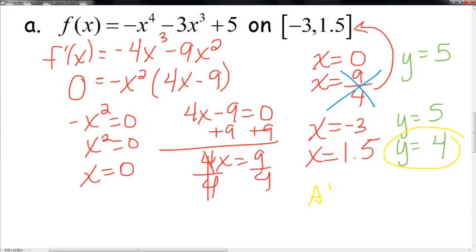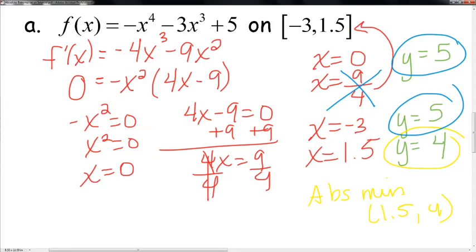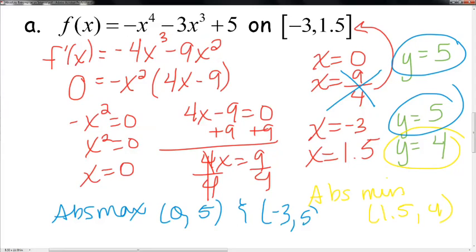My absolute min is (1.5, 4). My absolute max occurs with these two, when x is 0 and -3. So I actually have two absolute maxes. The absolute max occurs at (0, 5) and (-3, 5).